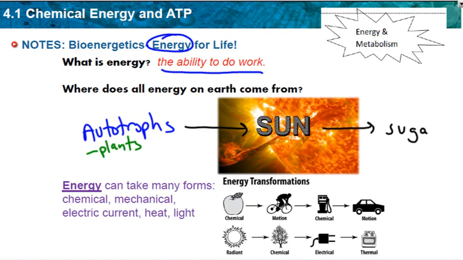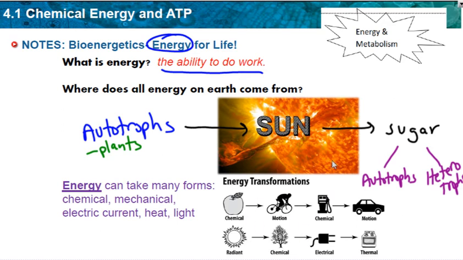And the sugar is going to be important for themselves, as well as your heterotrophs, which are going to be your consumers, your decomposers. So they are basically the key to any food chain or food web, because they can make sugar.